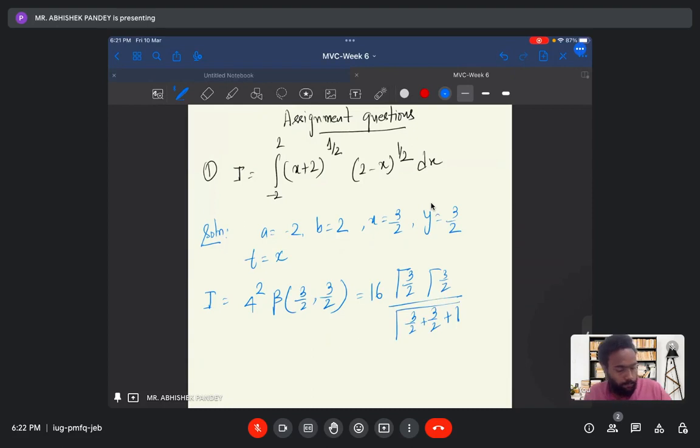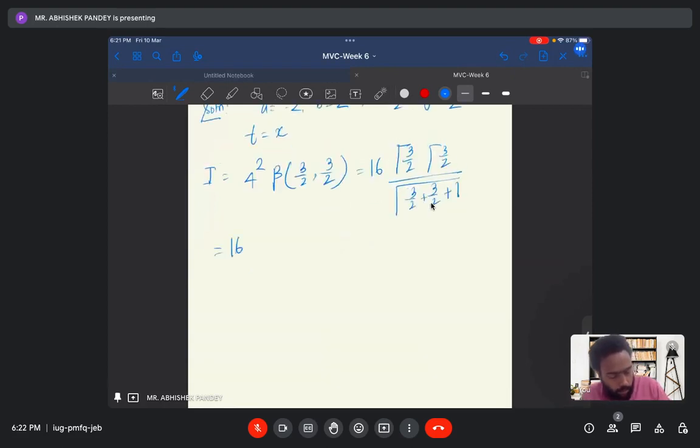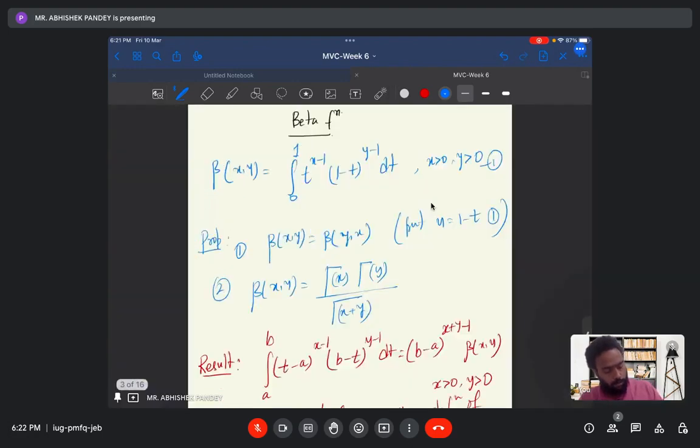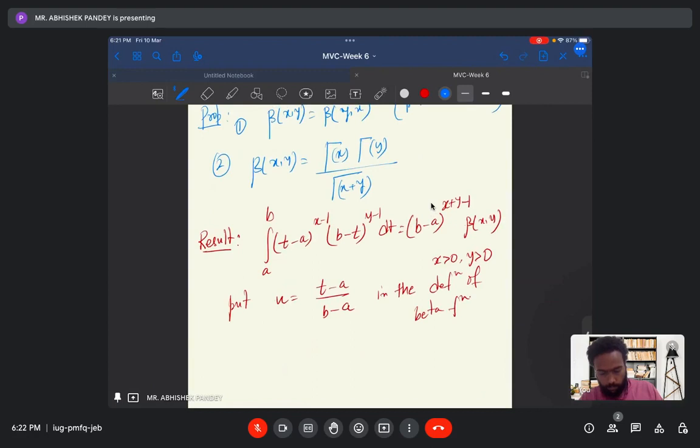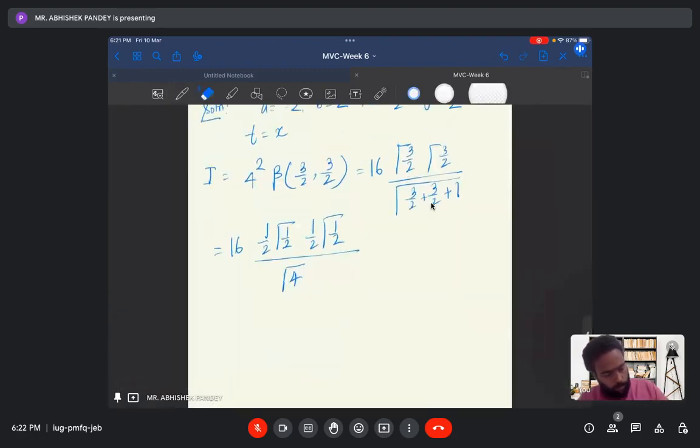This gives 1 by 2 gamma of 1 by 2 into 1 by 2 gamma of 1 by 2, upon gamma of 3, which is 2. So you will get 16 by 2, and this is 1 by 4 into root over pi into root over pi, which is pi.